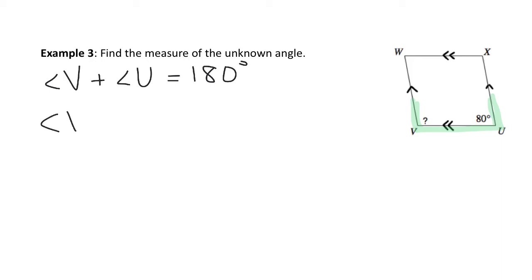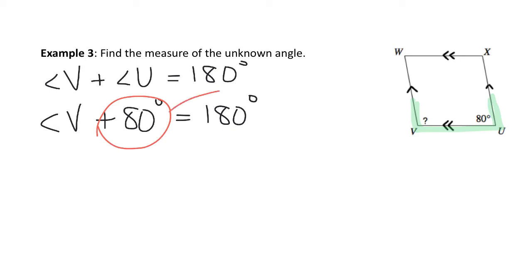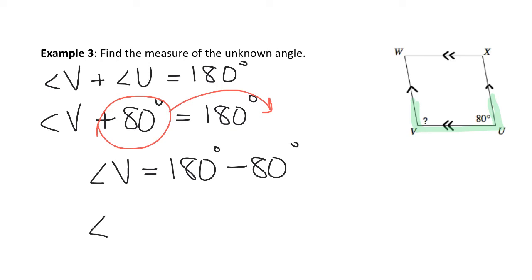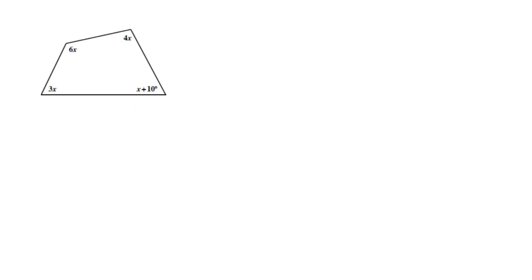We don't know what angle V is, but we do know that angle U is 80 degrees, which I'm going to fill into my equation. Then I'm going to isolate for angle V, taking 80 degrees over to the right-hand side. That leaves us with angle V equals 180 minus 80, so angle V should be equal to 100 degrees.